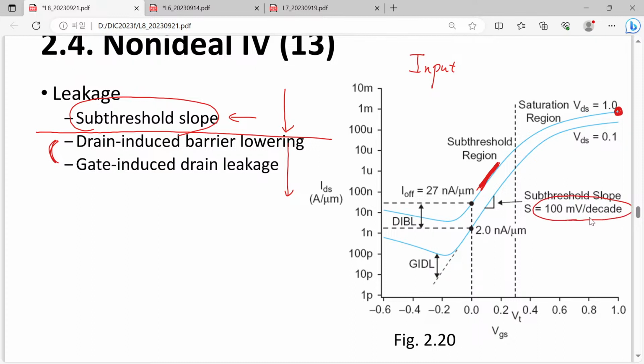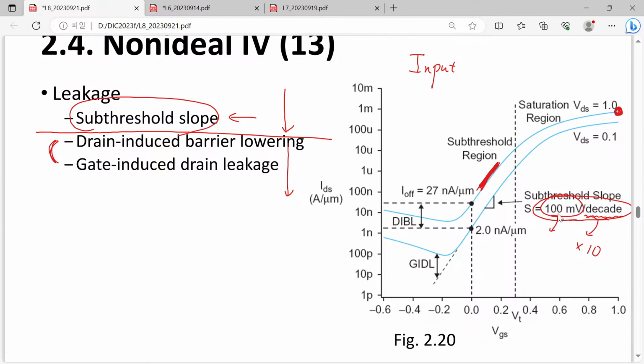Simply speaking, in order to increase your drain current by a factor of 10, how much voltage increase is required?